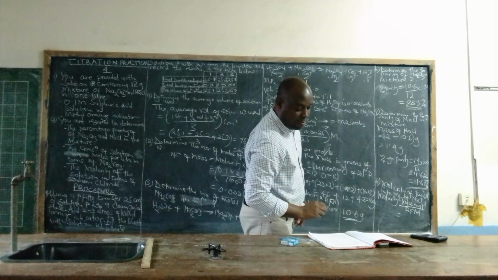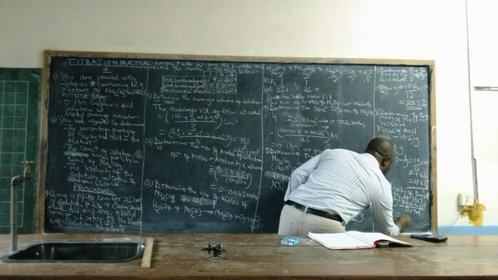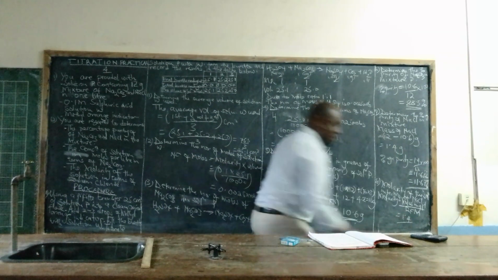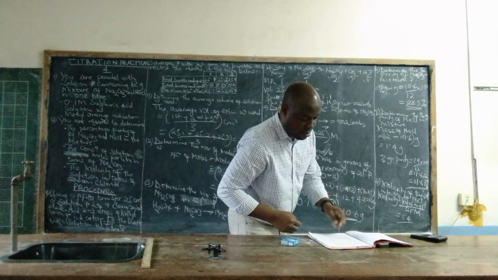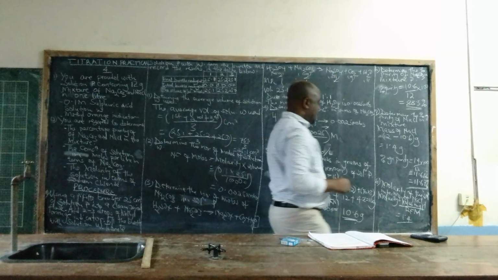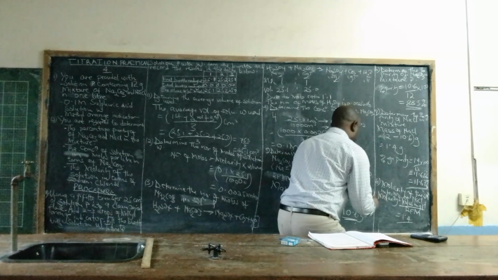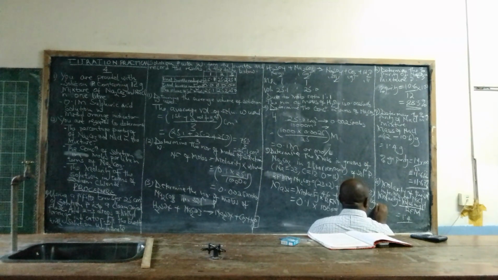Molarity is 1.4 over the relative formula mass of sodium chloride, which is equivalent to sodium, 23 times 1, which is 23.